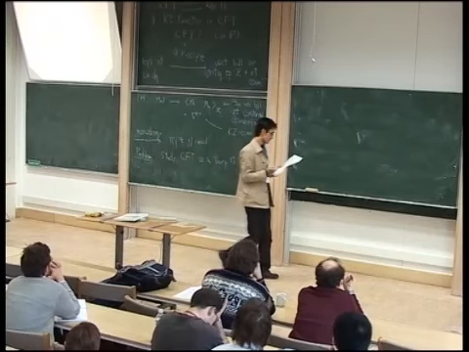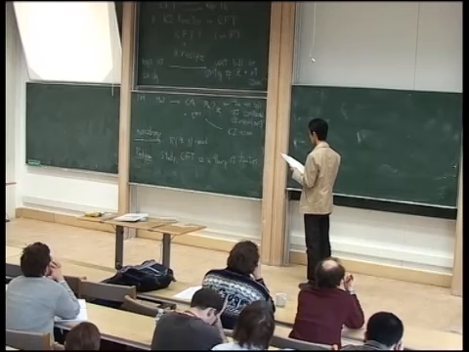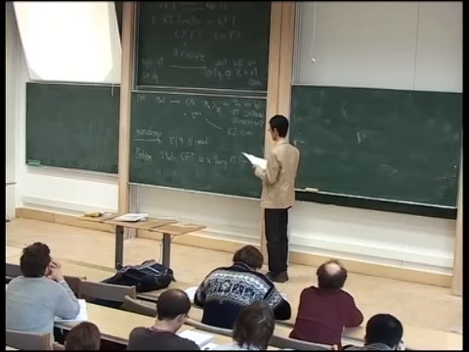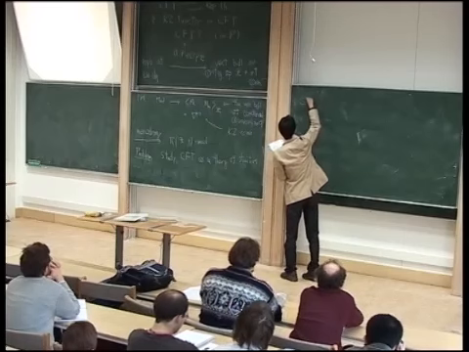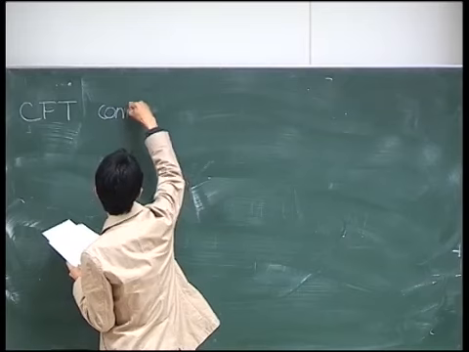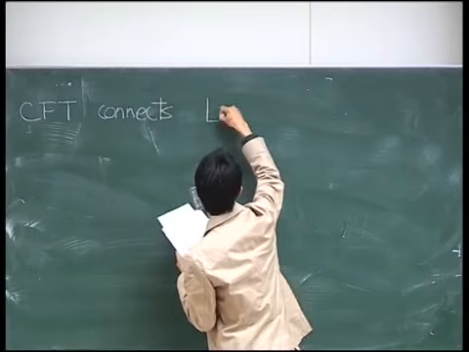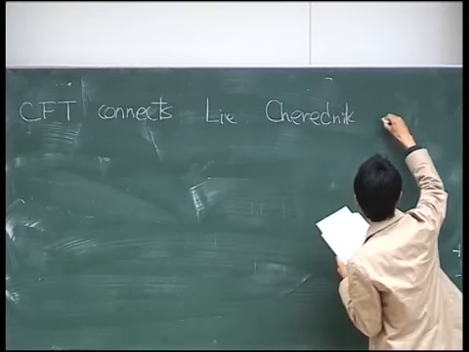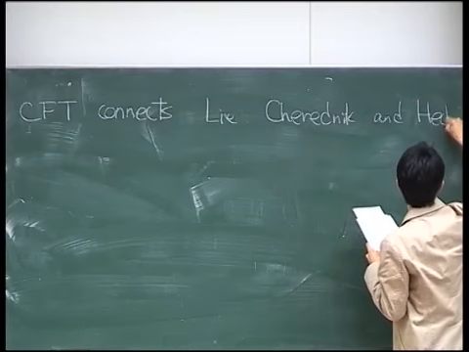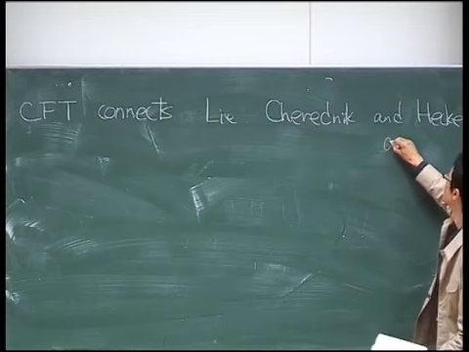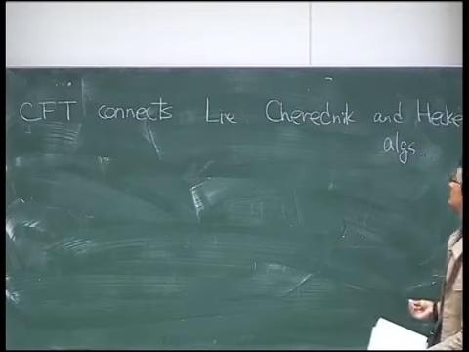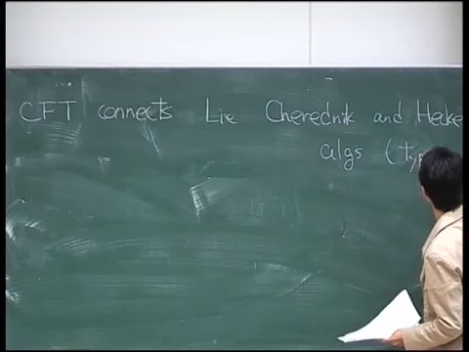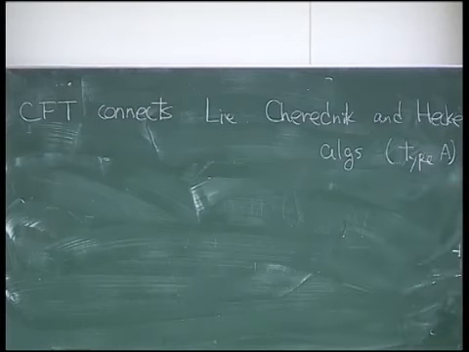And the purpose of this talk is to give an example of such a nice setting, where we will see that conformal field theory connects Lie and Cherednik and Hecke algebras. I mean, in type A.